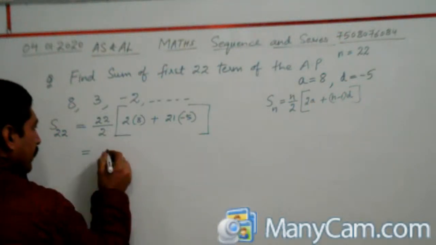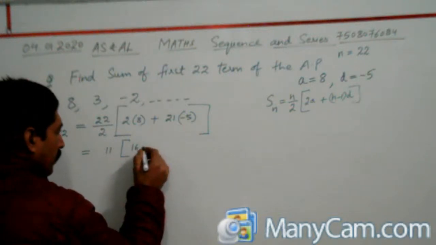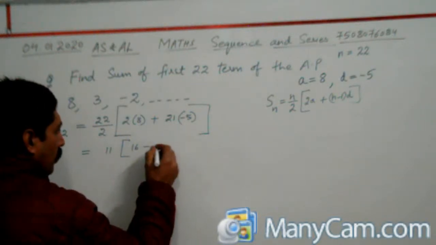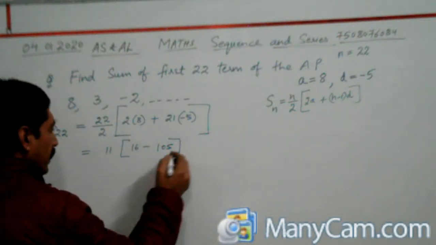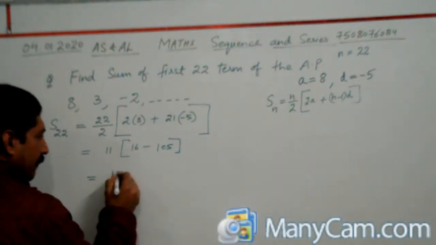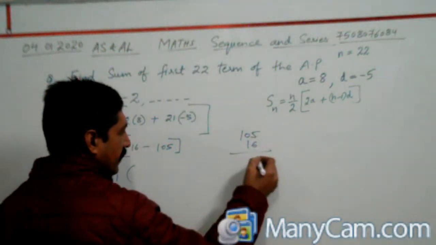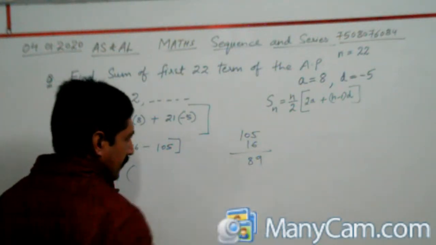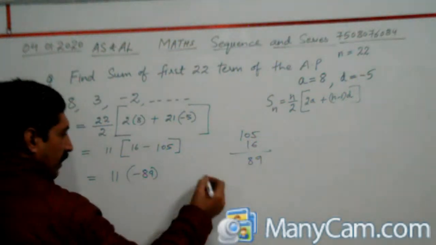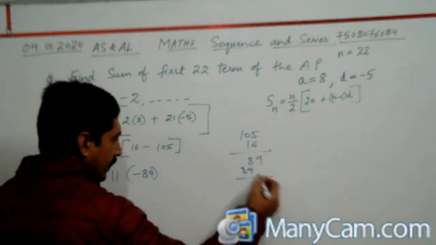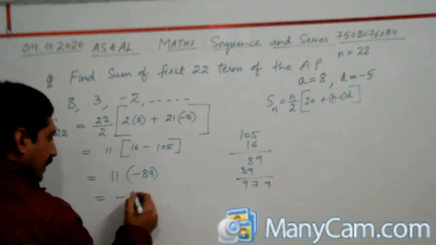That is 11 into 16 minus 5 twos are 10 and 5 ones are 5, so 105. When we subtract, we get 11 into minus 89, and the sum is 979.